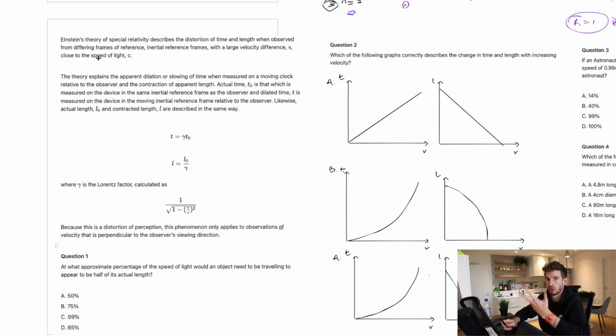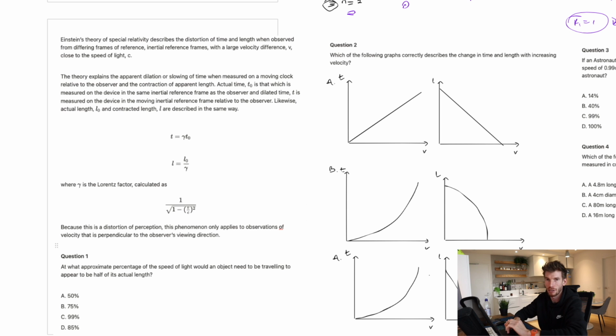So time will not appear to dilate. However, if I was to look at a clock on a wall as I whizzed past, then because there's a speed difference between me and the clock, I would see a dilation of time. Realistically, I'd have to be going close to the speed of light to do that on a skateboard. At slow, everyday speeds, you're not going to see any relativistic effects.